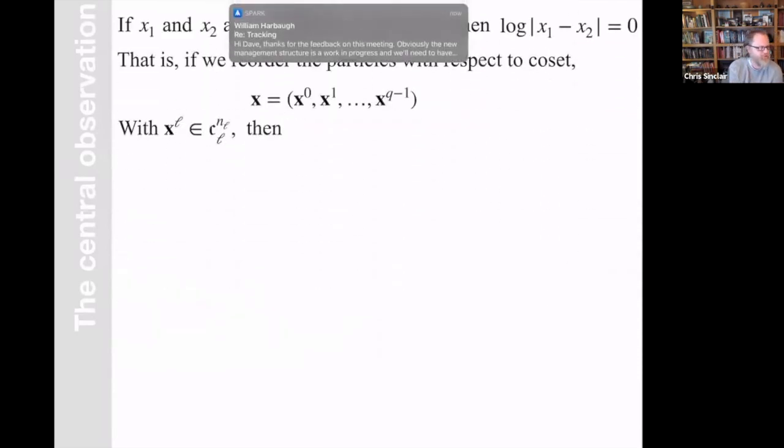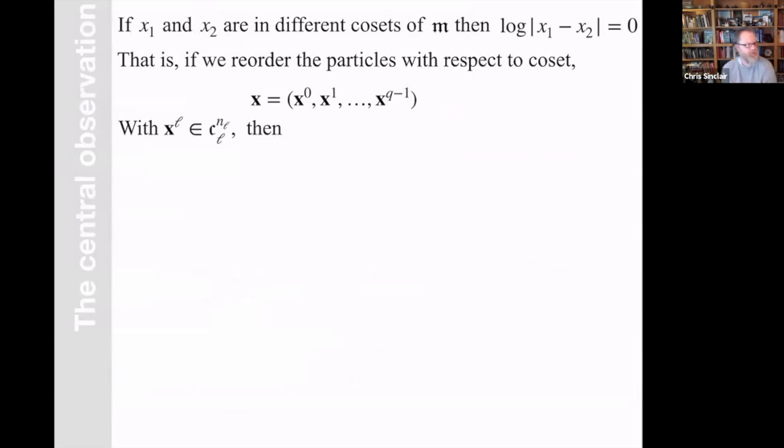All I'm going to do here is just reorder. I can take the vector which gives me the locations of all the particles. I can always permute those in any way I want. Permuting them is not going to change the physical system. So I'm just going to organize those so that I take the first however many particles that are in the maximal ideal, and I'm going to represent that as x to the 0.